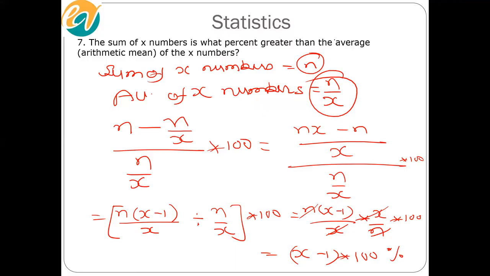Average would be 2. No, but the thing is this, right? Then you will not get an answer in terms of x. So if you assume sum as 10, then the average would be 10 by x. Then this will work, by the way.